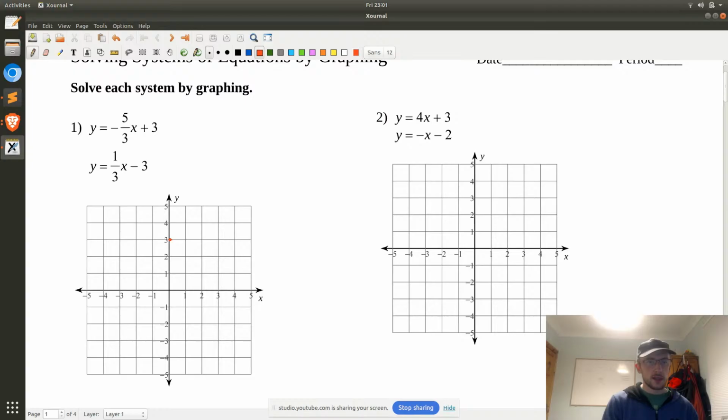That means that the change in y will be 5 for every 3 units change in the x-axis direction. So I visualize a right-angled triangle that's 5 units high and 3 units wide. And there we go. And now all I need to do is connect up these points.